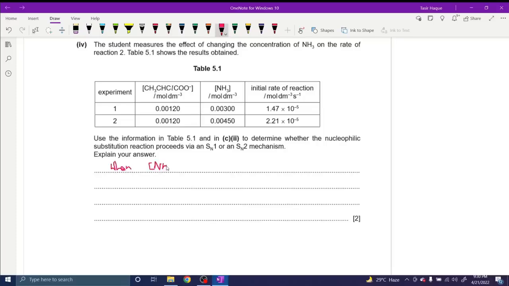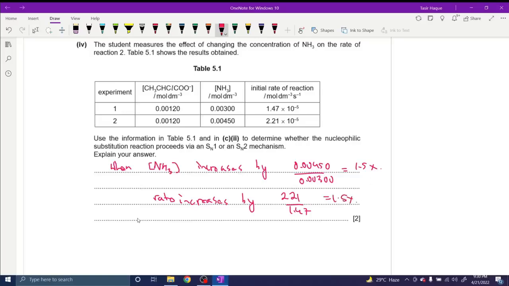It increases by 0.00450 divided by 0.00300, which is 1.5 times. The rate increases by 2.21 divided by 1.47, which is also 1.5 times. So it is first order with respect to the concentration of ammonia.